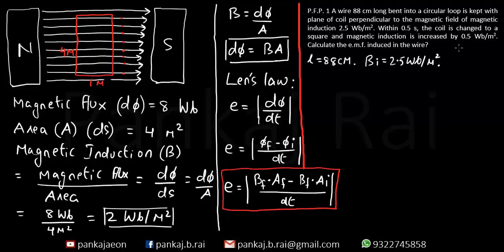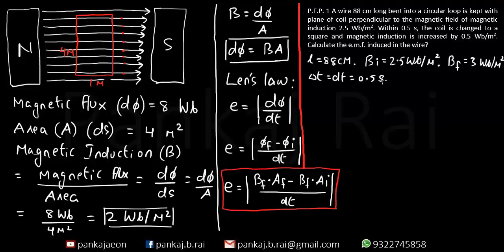It was previously 2.5, so now there is an increase of 0.5 more. So I can say that the final induction will be 2.5 plus 0.5, so that will be 3 Weber per meter square. And the change in time, that is delta t, or I can say dt, is 0.5 seconds.